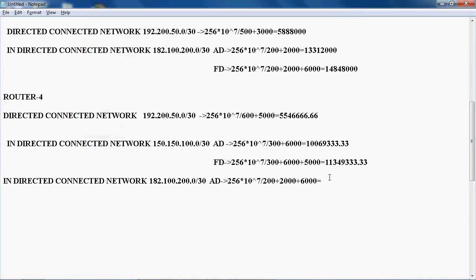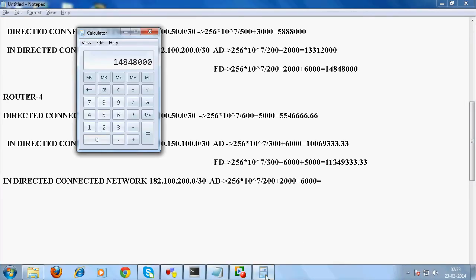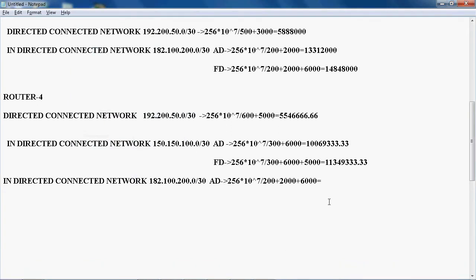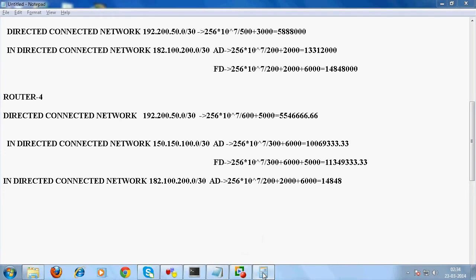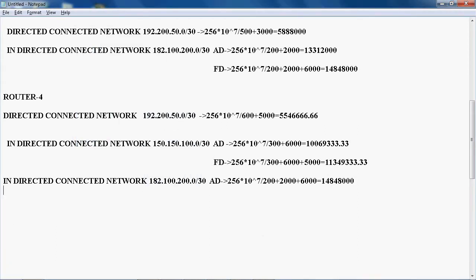So the answer is 148,000. So this is the advertised distance for the 182.100.200 network.